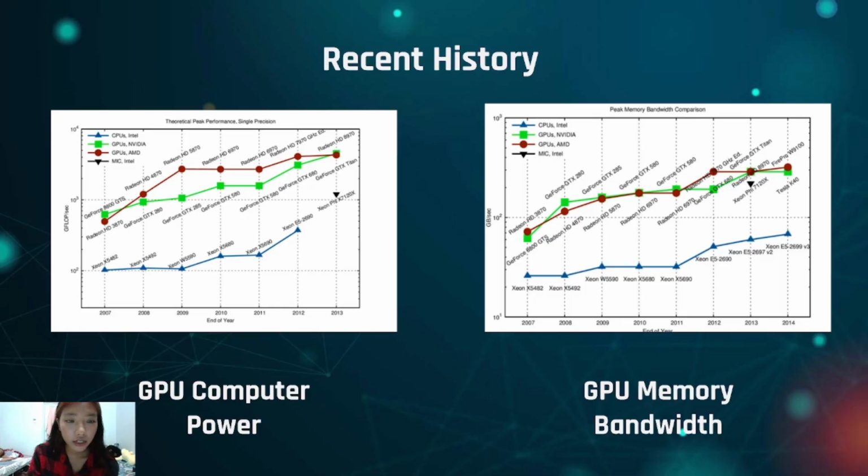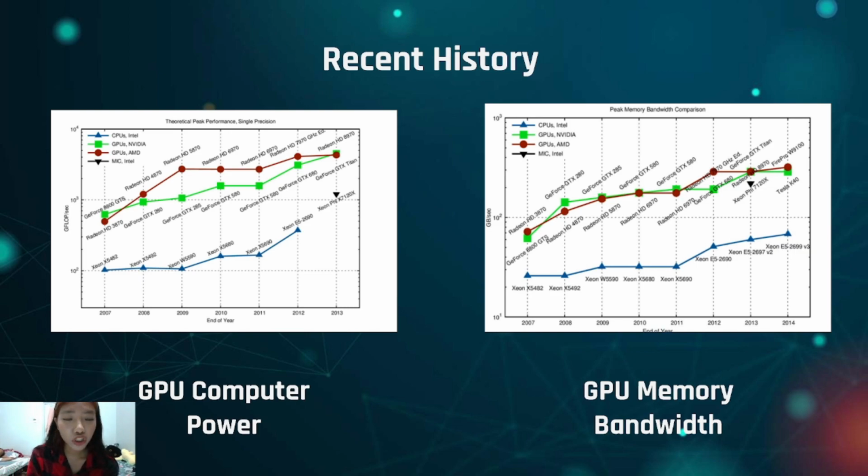In the last decade, there has been an incredible leap in GPU computing power. As you can see from the graph, more advanced manufacturing processes allow for more transistors on a chip, along with architecture improvements like parallel processing. GPU memory bandwidth has also seen a massive increase. GDDR5 was a standard for a long time, offering bandwidths up to around 28 GB per second.